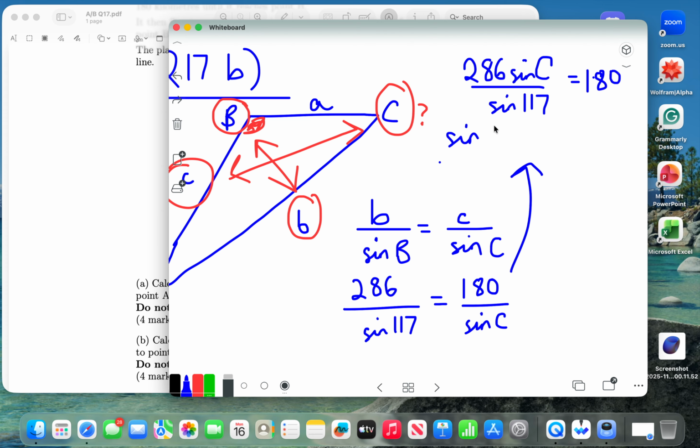If I then multiply both sides by sine 117 and then divide by 286, I'm going to first multiply both sides by the sine 117 and then divide by 286.